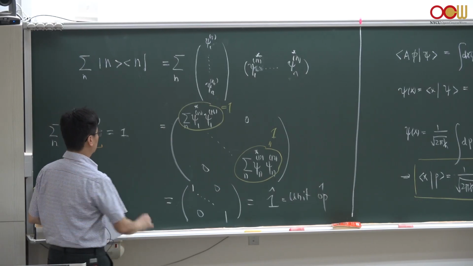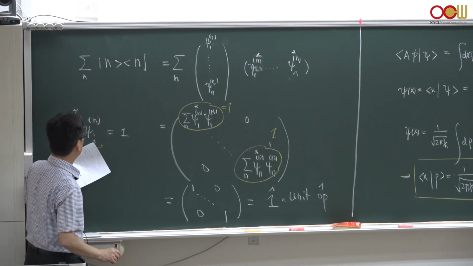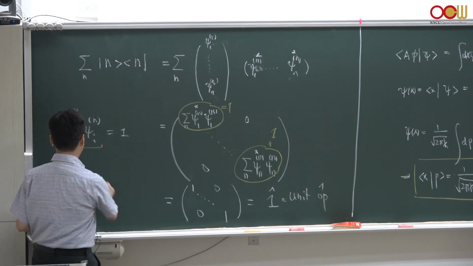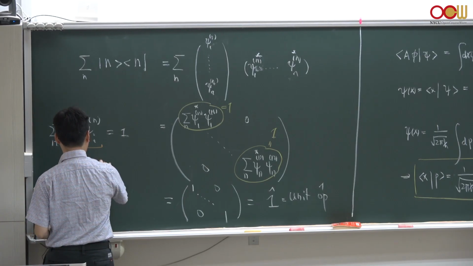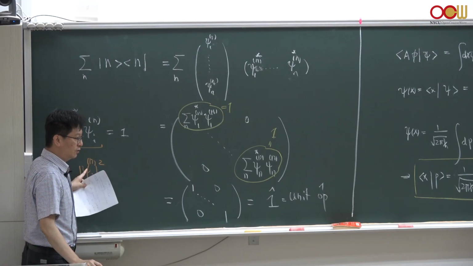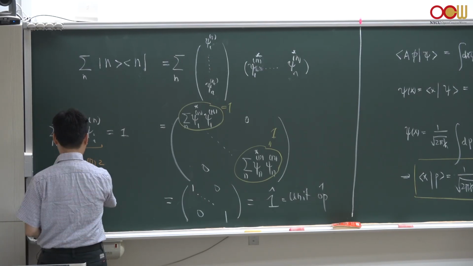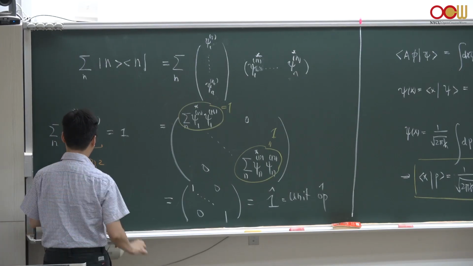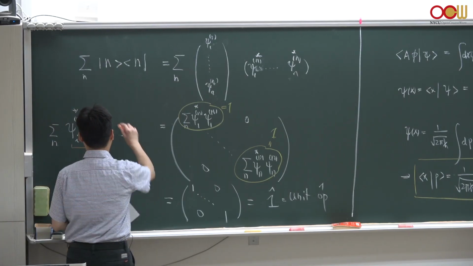If you sum over all these eigenfunctions, you get 1, by the normalization condition.